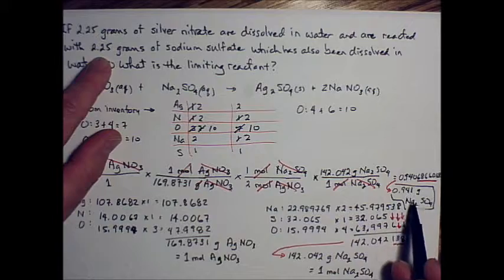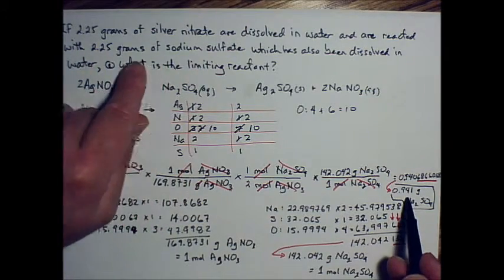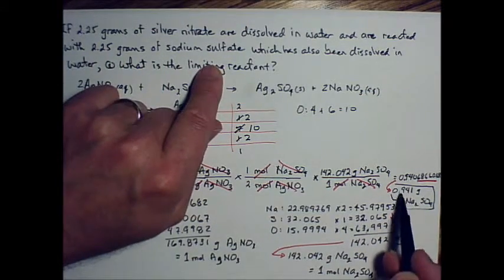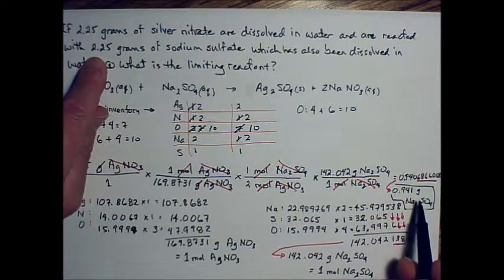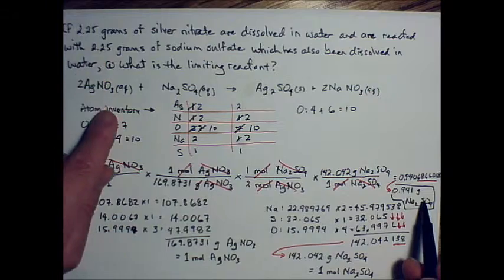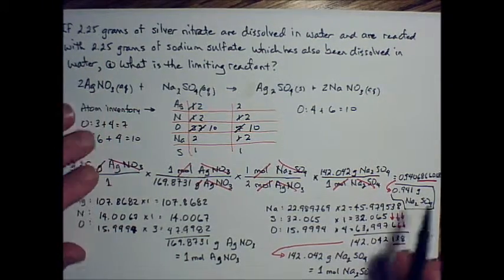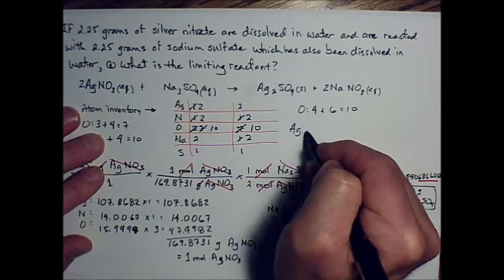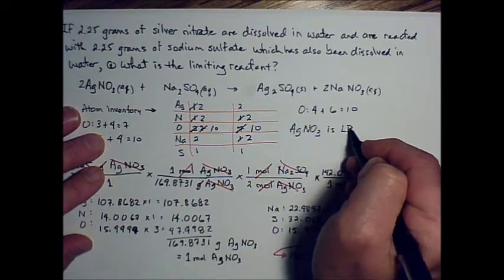So this amount we calculated is less than the amount we were given, then this species, sodium sulfate in this case, is the excess reactant, making the other reactant, in this case silver nitrate, the limiting reactant. Okay? So that means that silver nitrate is the limiting reactant.